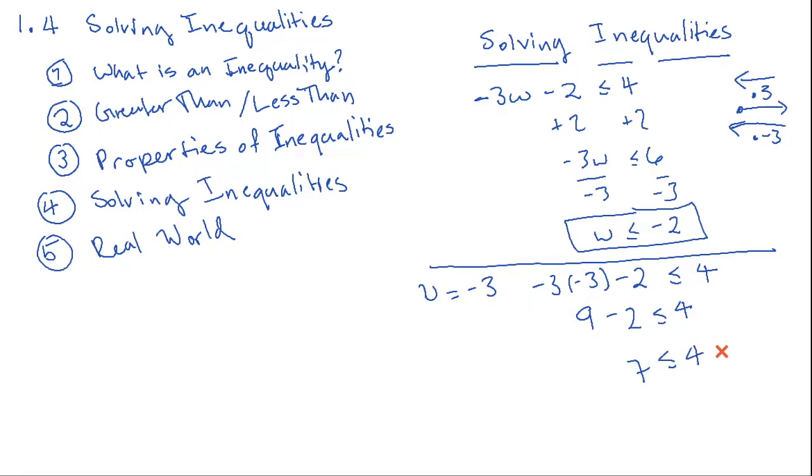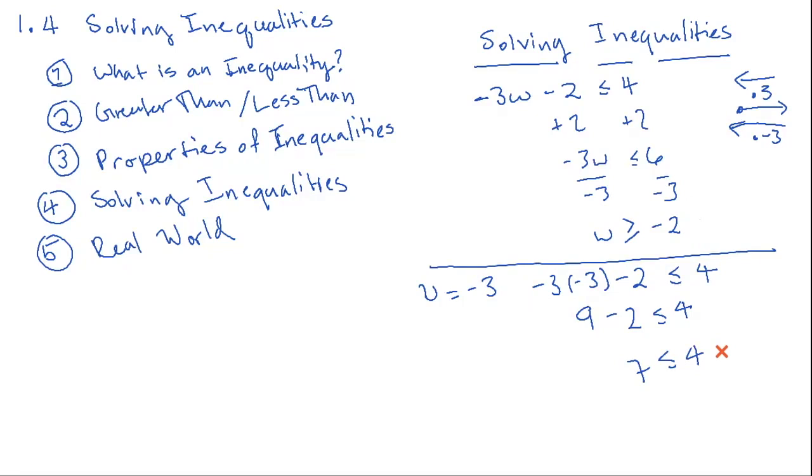What you're supposed to do is, as soon as I did this piece right here, I should have changed this symbol around. And so the symbol should now read like this: W is greater than or equal to negative 2. Why? Because the negative changes my direction.